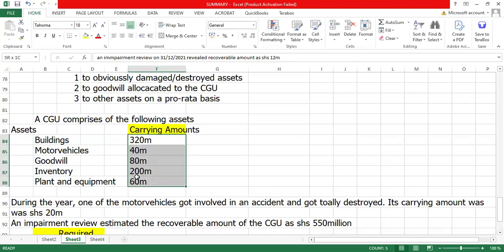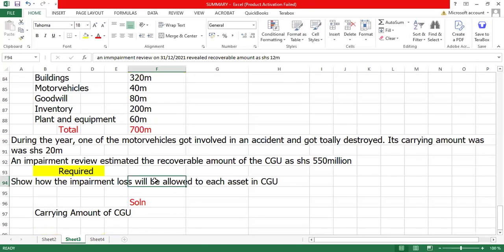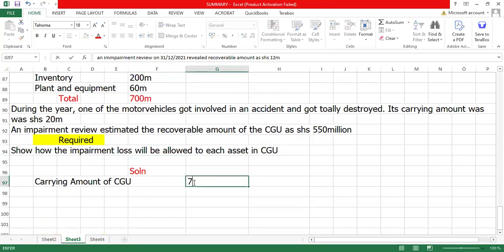The total. 700 million. Okay, so that is our carrying amount.